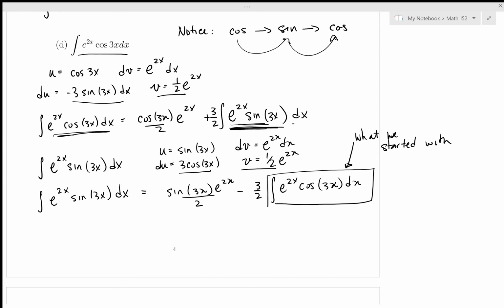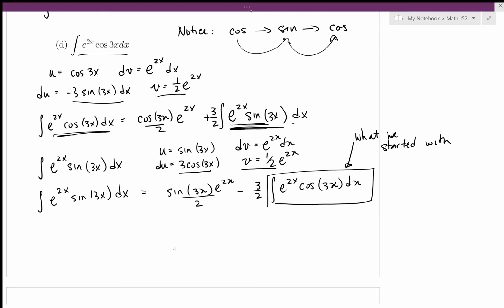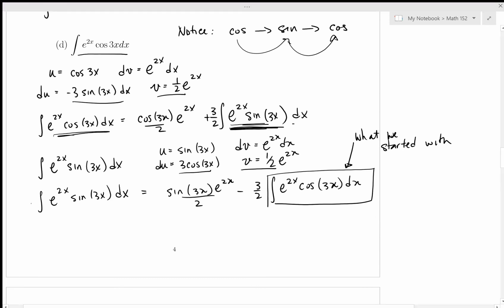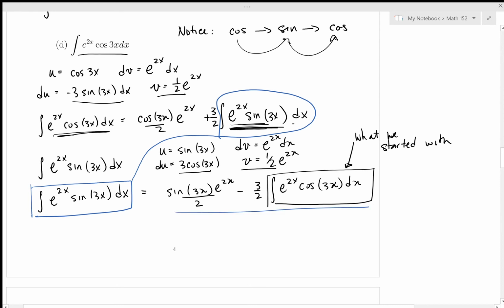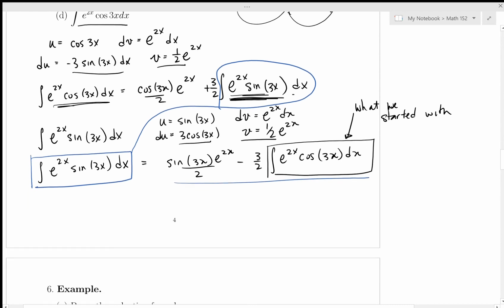Let me write this all out now. What I'm going to do is use what I figured out here back into there. So where am I at this point?